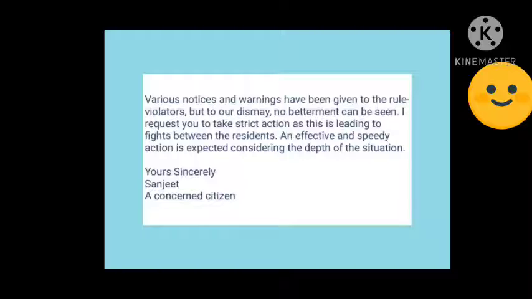The same thing is going on. I request you to take strict action, as this is leading to fights between the residents. An effective and speedy action is expected, considering the depth and seriousness of the situation. So we have completed the last para.